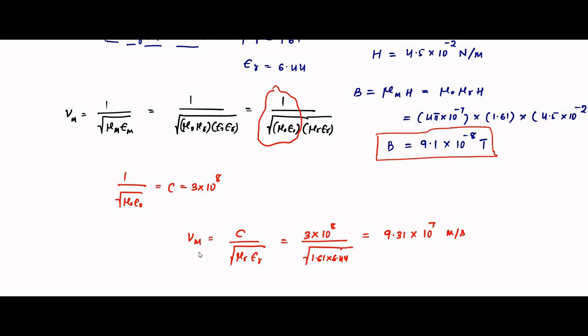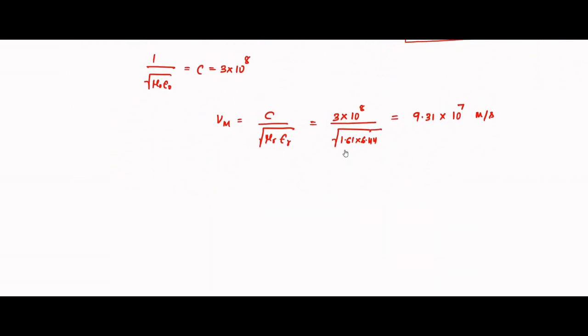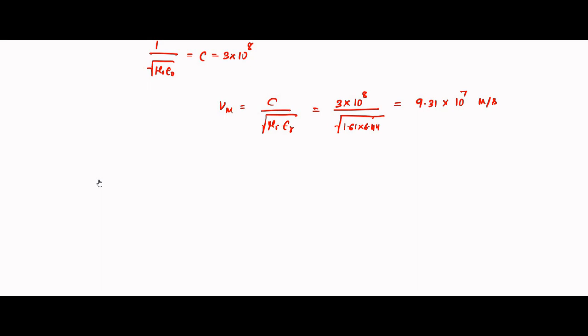That is the velocity of the electromagnetic wave in that particular medium. Again, from here we will be using another relationship. See, it is all interconnected. One formula leads to another. So if you remember all the formulas, then you will be able to connect the dots and get the result.